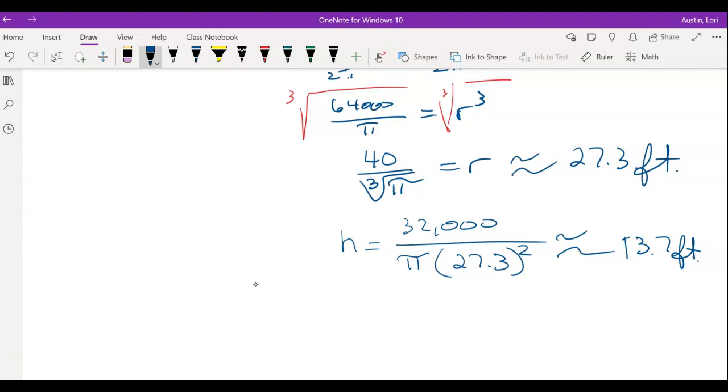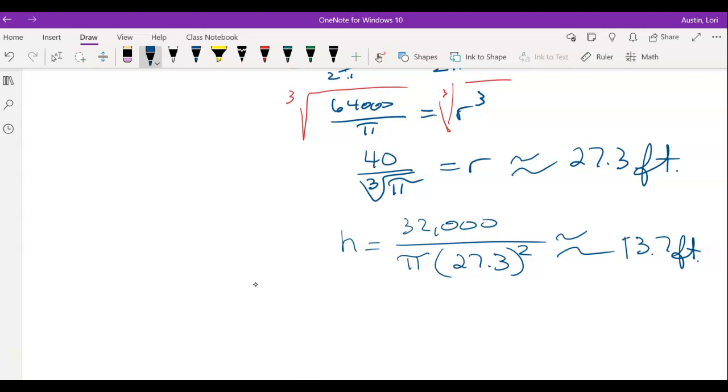Obviously, to minimize cleaning costs, does it make sense, this answer? Keeping in mind it costs a lot more to clean the walls than to clean the floor. Does this answer make sense?